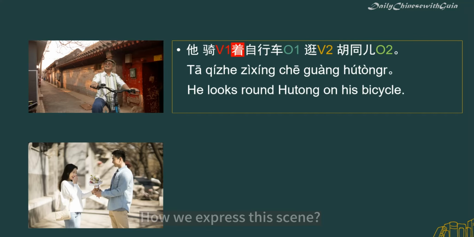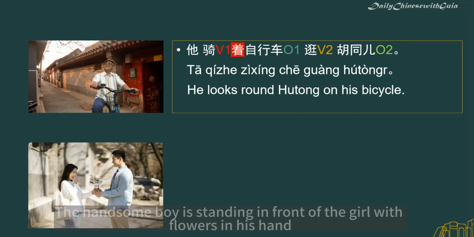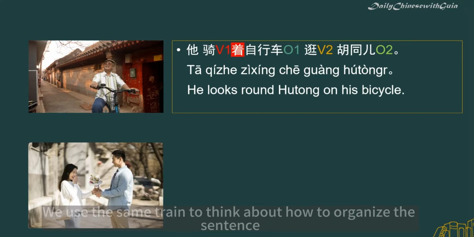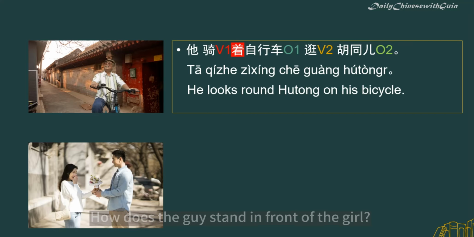How do we express this scene? The handsome boy is standing in front of the girl with flowers in his hand. We use the same train of thought to organize the sentence. Does the guy stand in front of the girl with a cup of coffee?